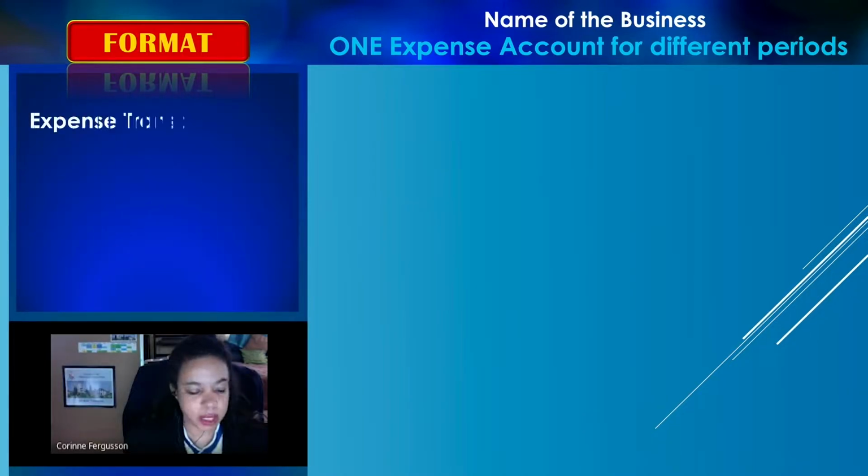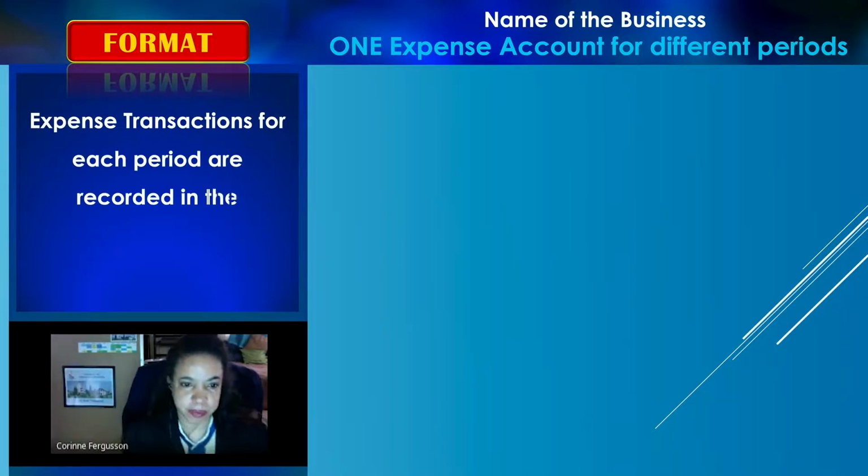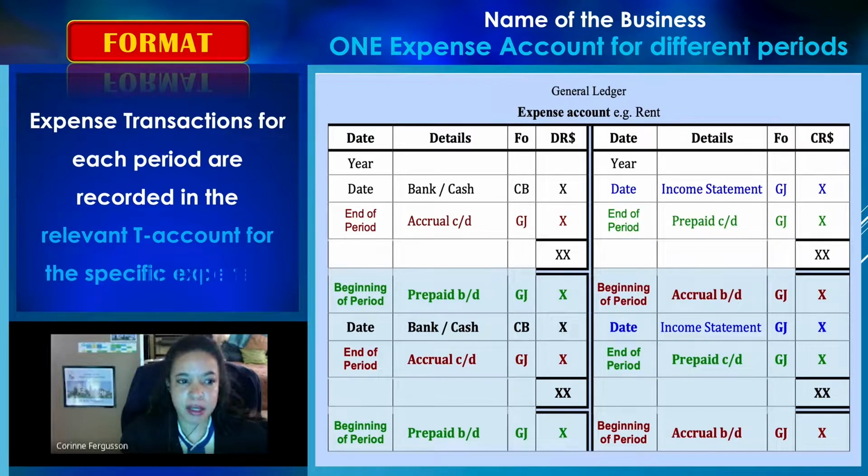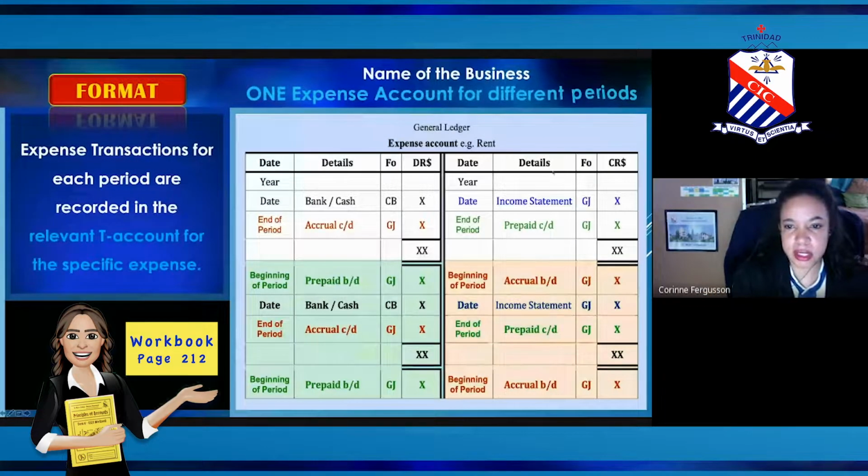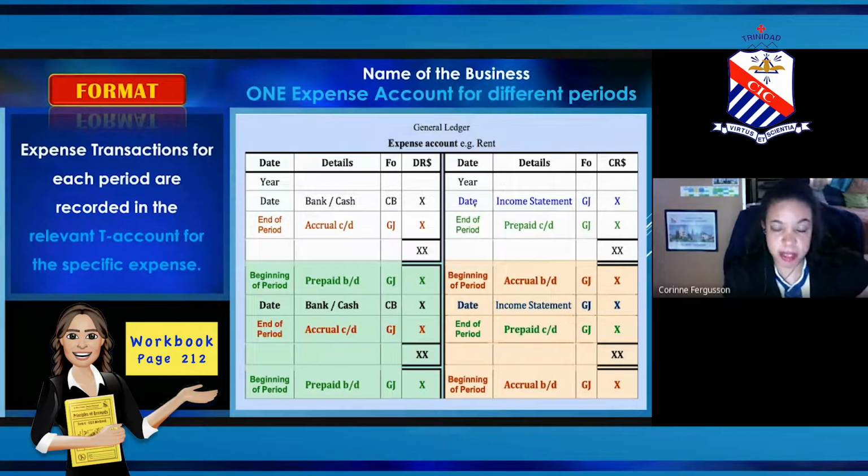So we're starting with the expense, and the format for the expense account in your books, you would see this as your expense account and this part shaded. Now this first part, and once again, the video goes into more detail, the explanation or the lead up to what it is.